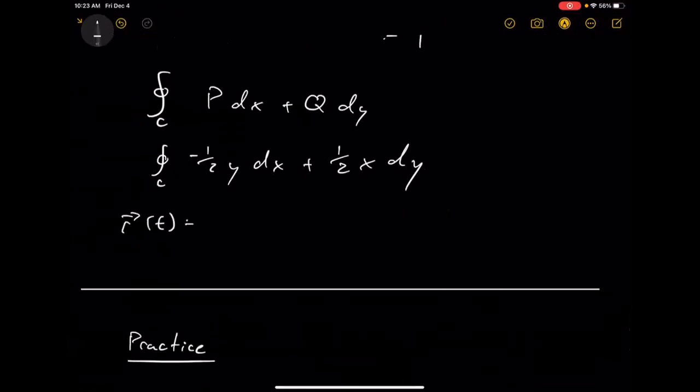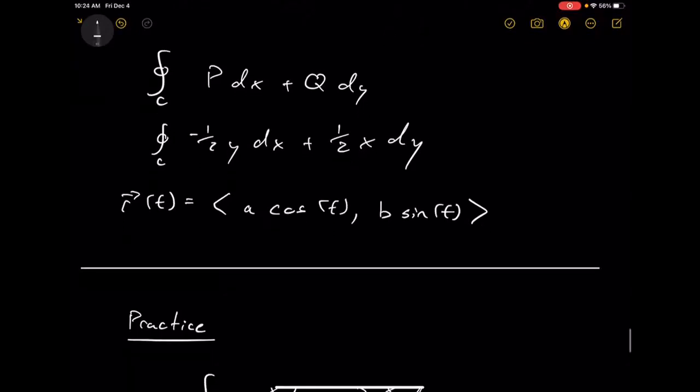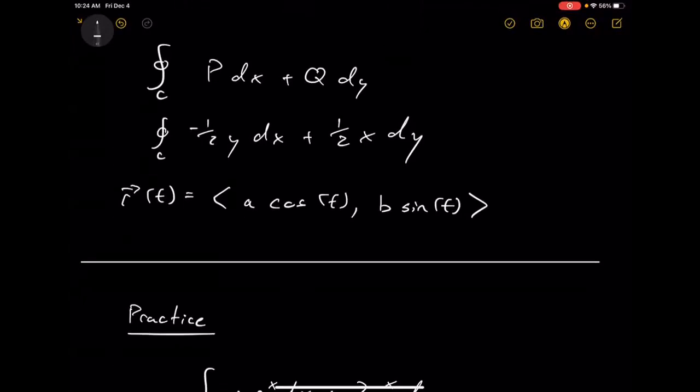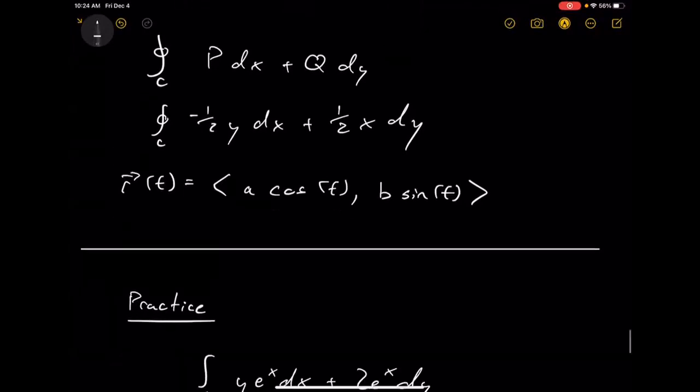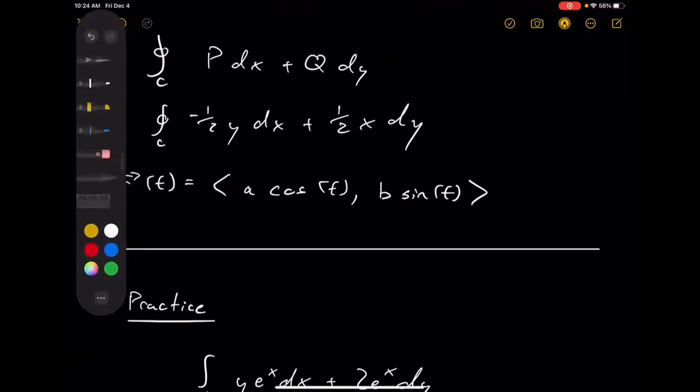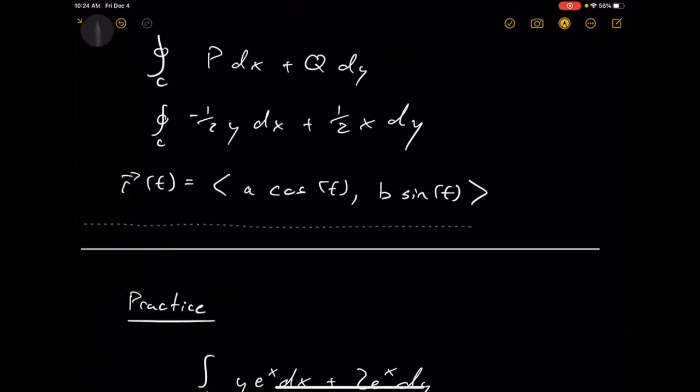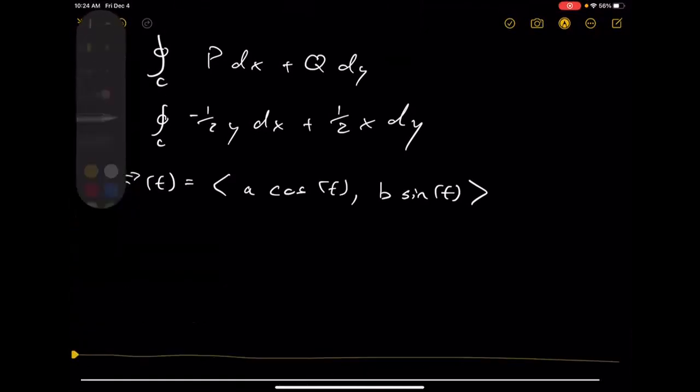Well, it turns out that it has a parameterization: a cosine of t, b sine of t. And then I also want to find r prime of t, right?